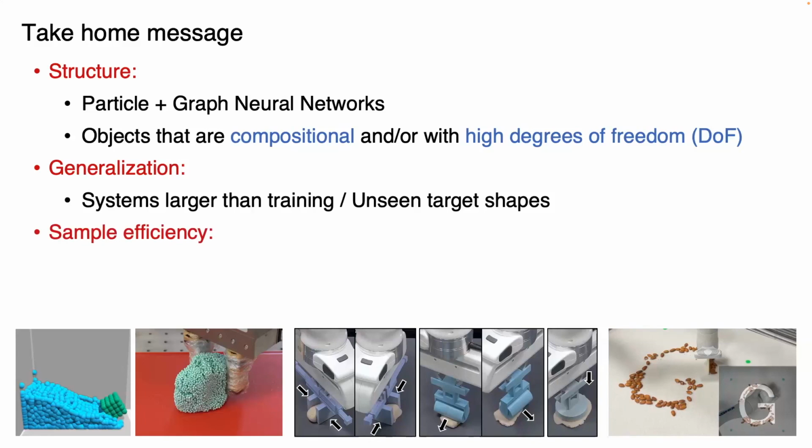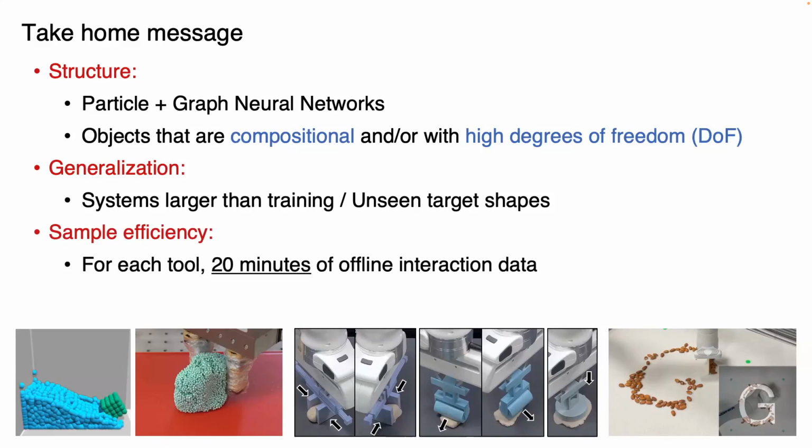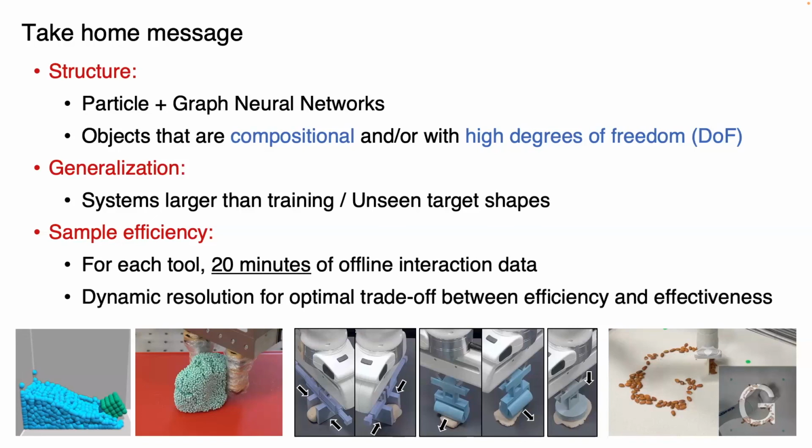The other major benefit is sample efficiency, where just 20 minutes of real-world offline random interactions of the robot will be able to learn a very good dynamics model that is even more accurate than state-of-the-art physics-based models. And I have also discussed how we can use Bayesian optimization to dynamically select the optimal resolution to strike the optimal trade-off between efficiency and effectiveness.